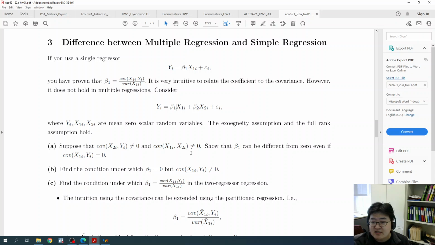So covariance and beta are different things because of the correlation between x1 and x2. When x1 increases, x2 may be affected, and then x2 affects y. I wanted to tell you that, first, this formula is not general, and second, it's not exact, so this may happen.